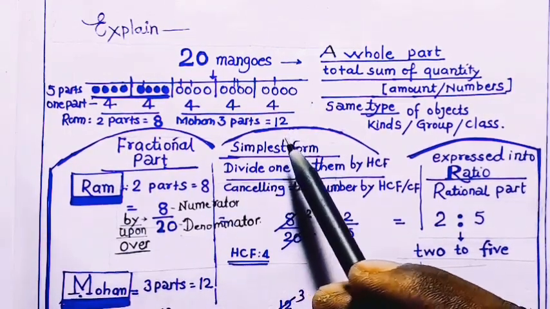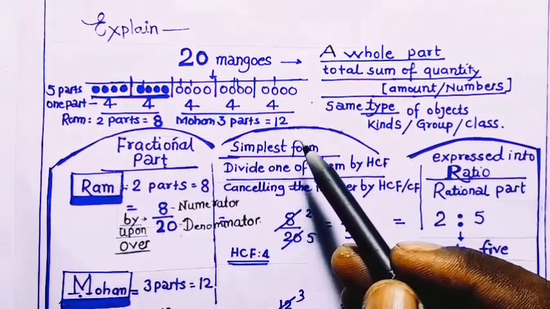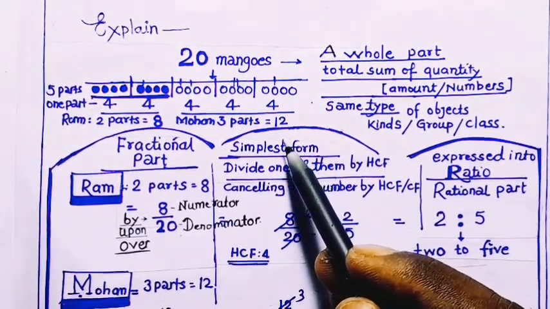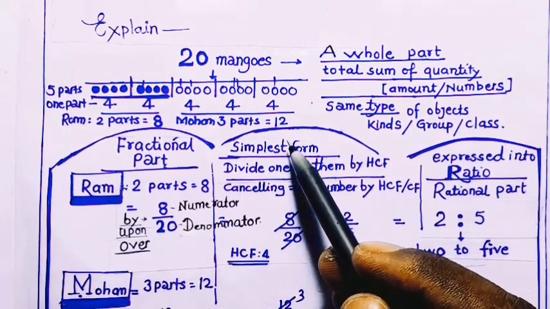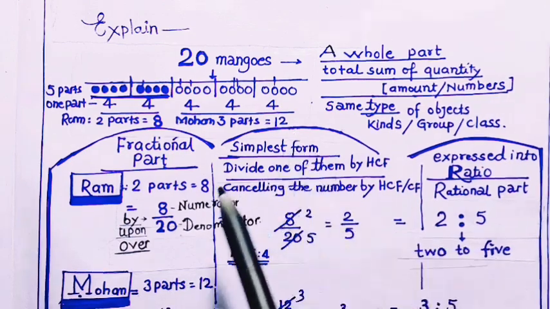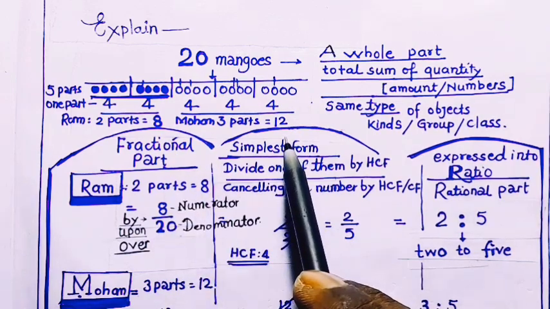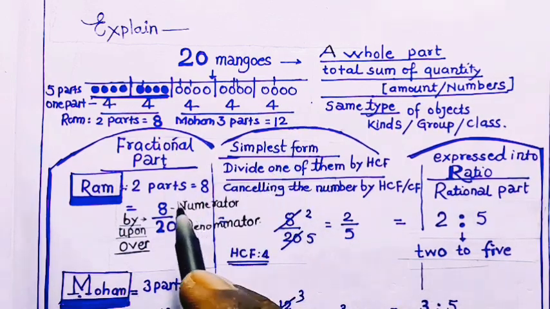And now we shall study how these numbers will be written as fractional numbers. 8 and 12 are the fractional parts.